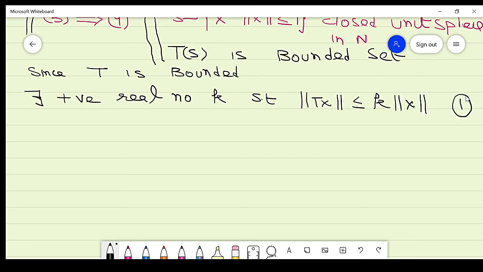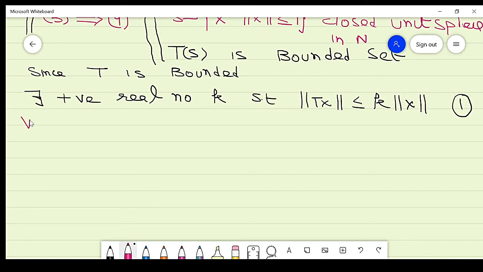Suppose this is equation number 1 for this part. Now S is the set of members of N where norm is less than or equal to 1, and my purpose is to prove T of S is a bounded set.